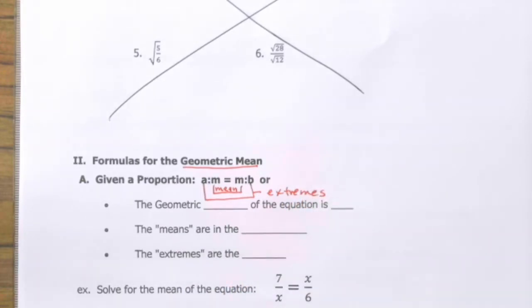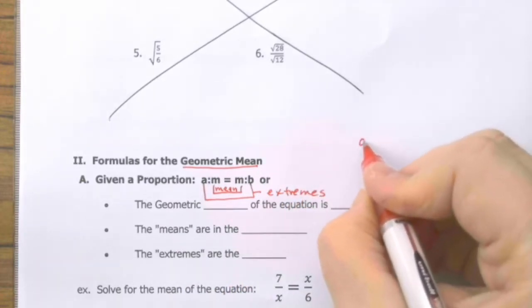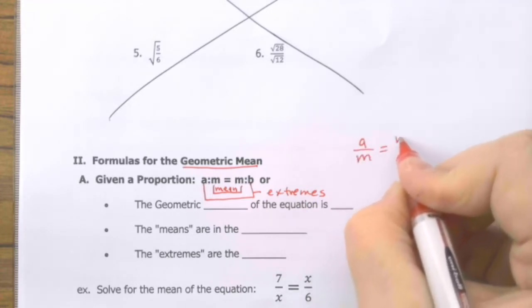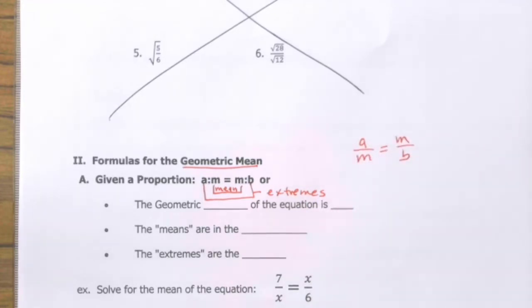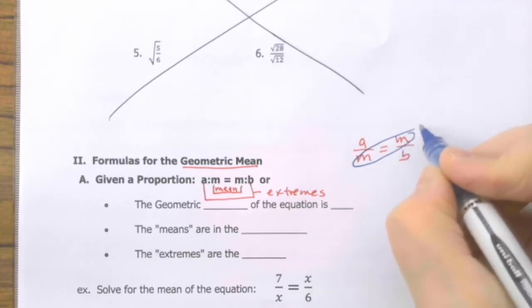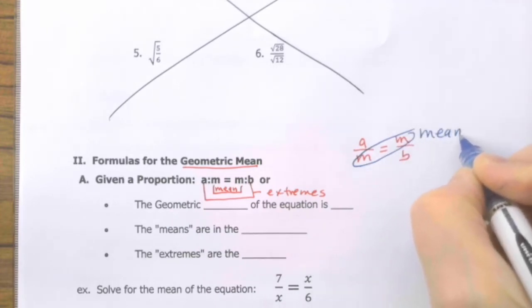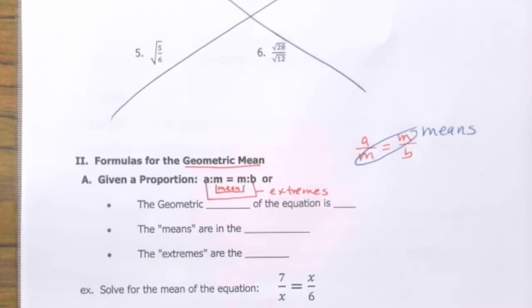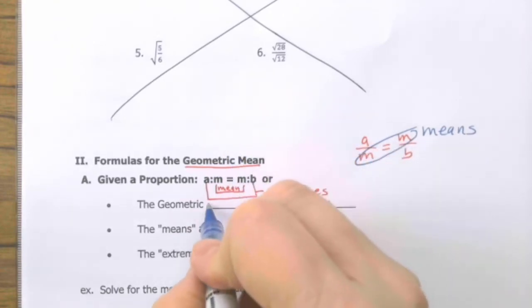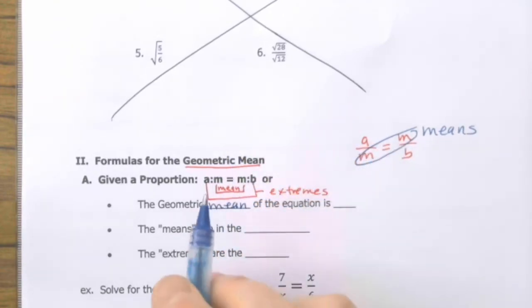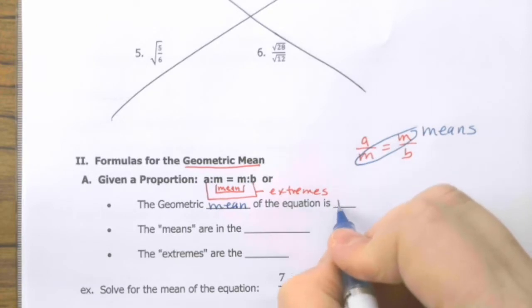That's colon form. In fraction form, A over M equals M over B. The means are the M's. Okay, so the geometric mean of this equation is M.